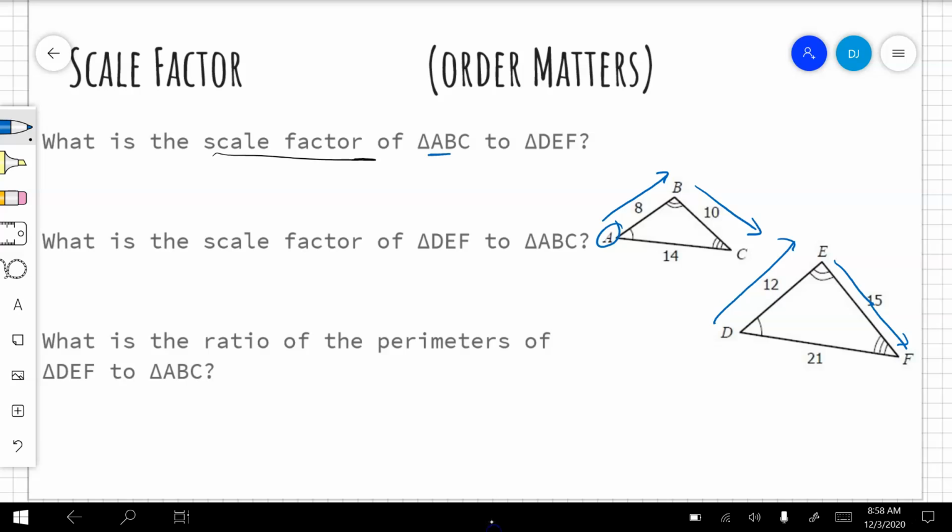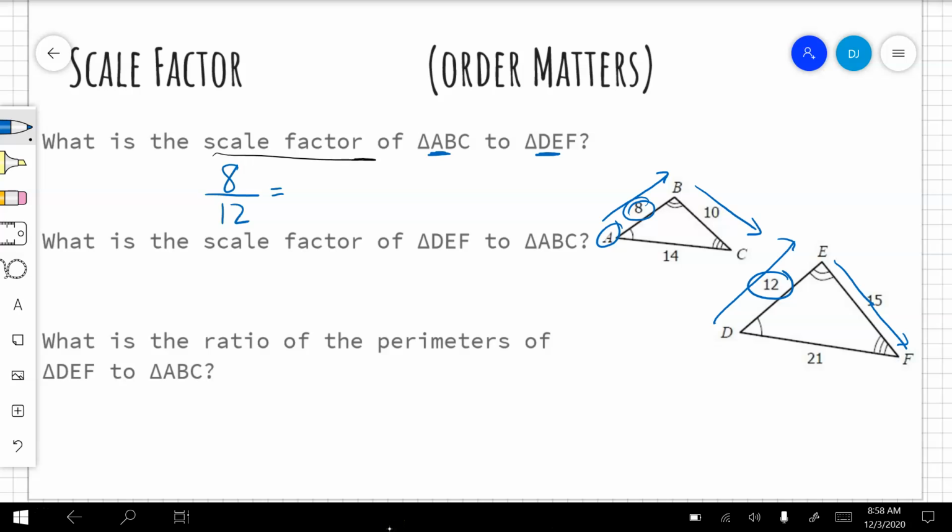Now I'm going to pick one side, AB, which is 8. The corresponding side, as we talked about in a lesson the week before Thanksgiving, is 12. So that's going to be 8 to 12.